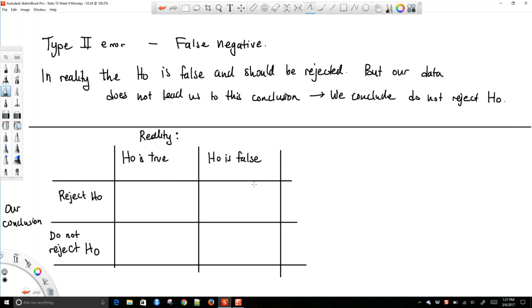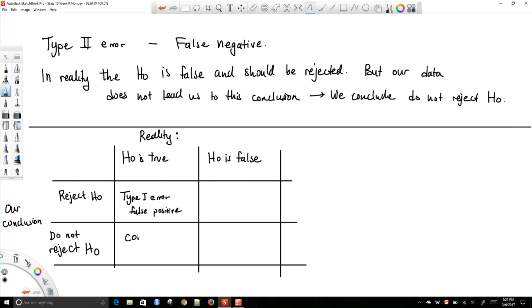Okay, so if the null hypothesis is true and we have rejected the null hypothesis, what do we call this thing? This is the type 1 error. This is the false positive. Okay. If the null hypothesis is true and we choose not to reject the null hypothesis, what is that?